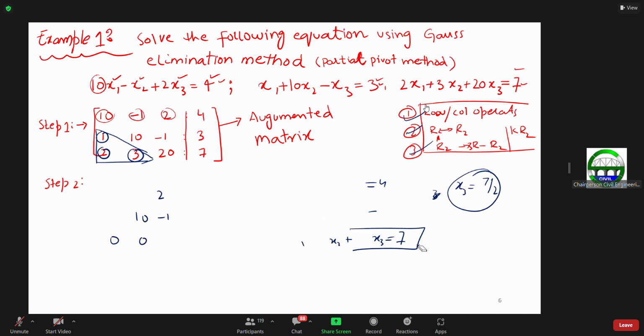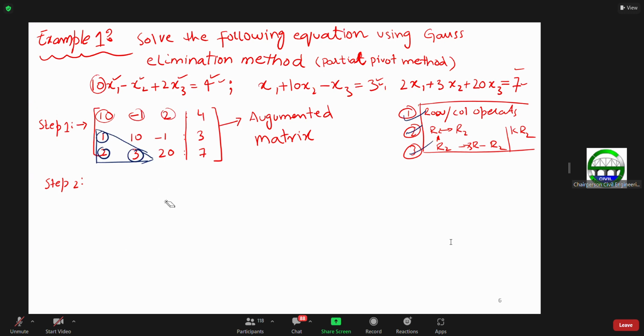Let me try to remove it. Okay, so most of the time, let's see the solution.